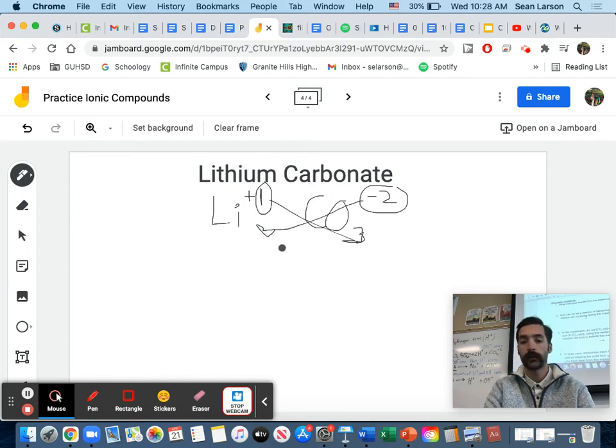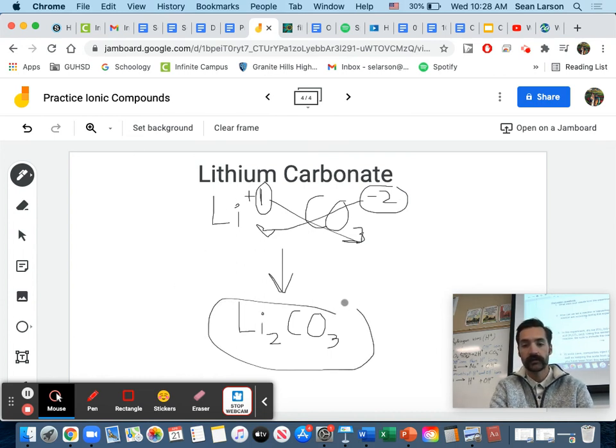So our chemical formula here would be Li2CO3, because we only have a single carbonate molecule, and we need 2 lithiums in order to make this a happy neutral ionic compound. So that is how we use the crisscross rule. It's very simple: the number on one side becomes the coefficient of the other.